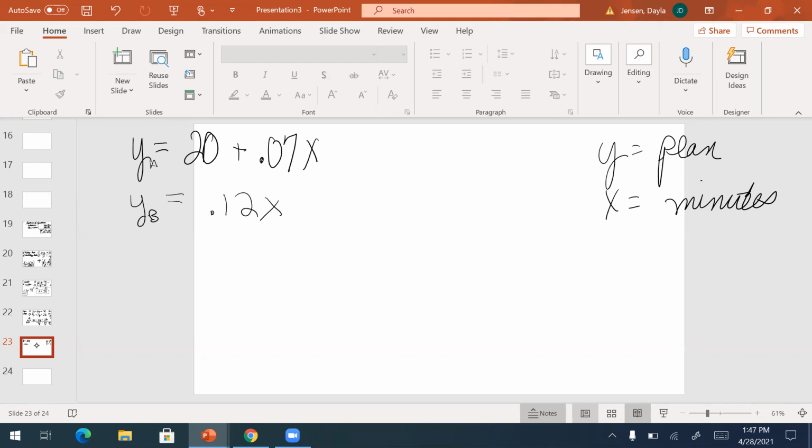So the first question is, for how many minutes are the plans the same, when y sub a equals y sub b? So I'm going to set them equal to each other. 20 plus 0.07x equals 0.12x. So then I would solve this for x, because I only have one variable.